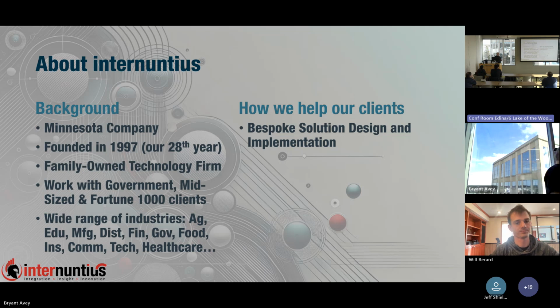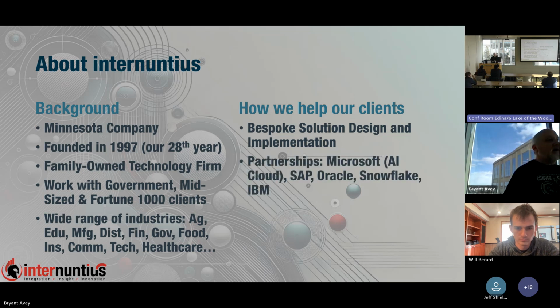What we do is build custom, bespoke solutions: design, build, implement, and deploy those for our clients. We are a Microsoft AI cloud partner, and we also have relationships with SAP, Oracle, Snowflake, and IBM.